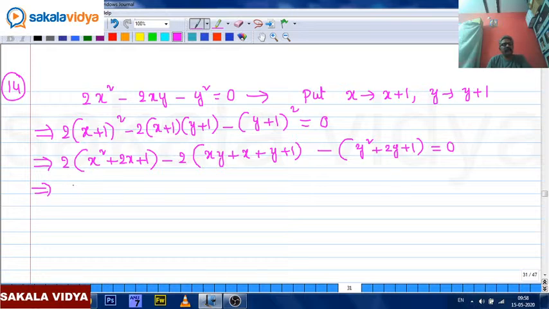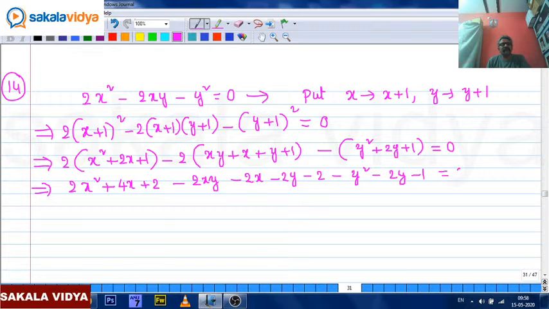So that implies 2x square plus 4x plus 2 minus 2xy minus 2x minus 2y minus 2 minus y square minus 2y minus 1 equals to 0.